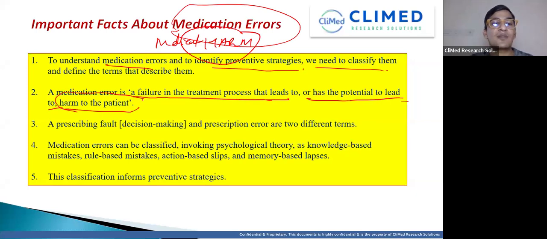Harm is the term here, which can be a direct injury, indirect, emotional. Multiple types of injuries are involved in harm, which we will discuss in the next slides.